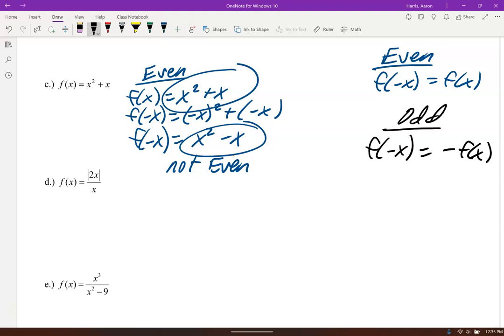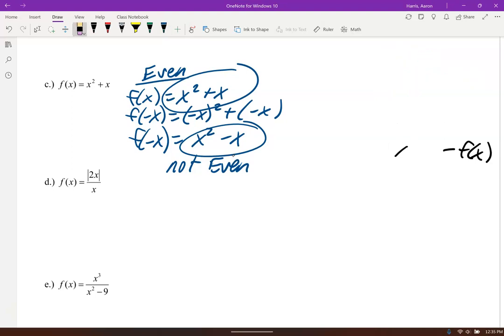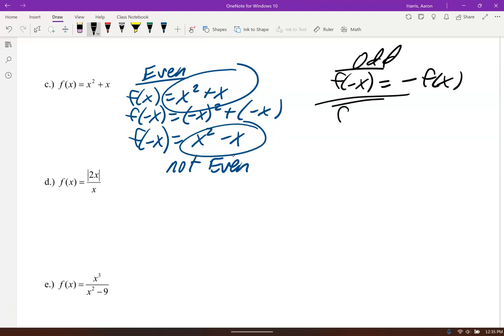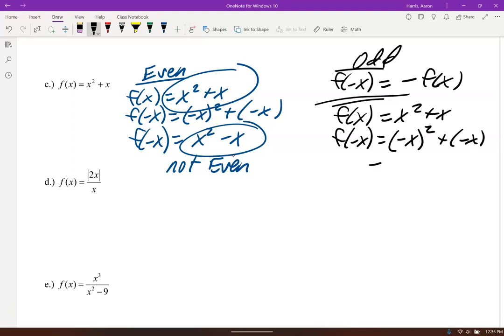When I do that, is it odd? Erase this for a minute. Is it odd? When I plug in negative x, do I get the opposite of the original? Well, here's the original, x squared plus x. When I plug in negative x, we get x squared minus x.